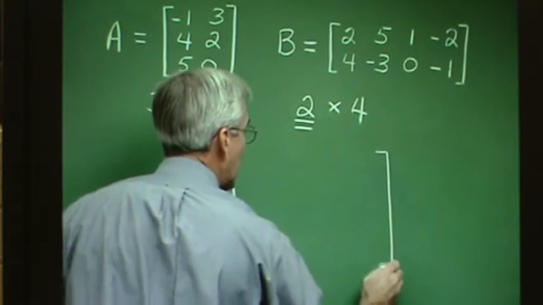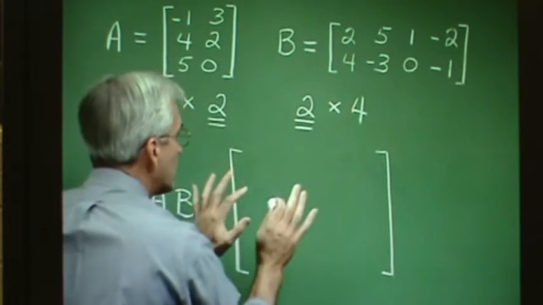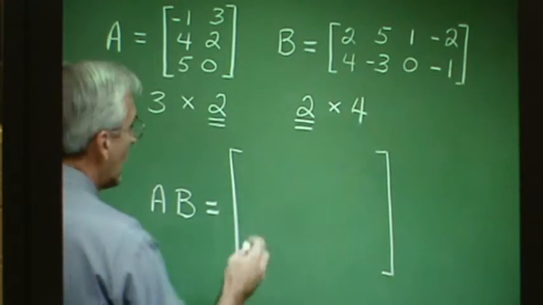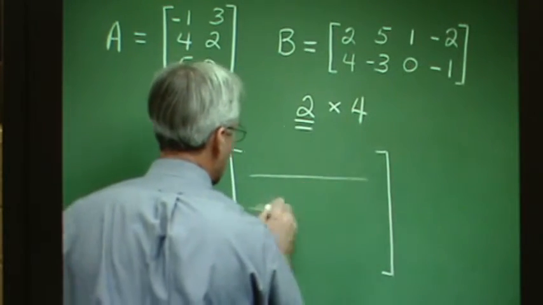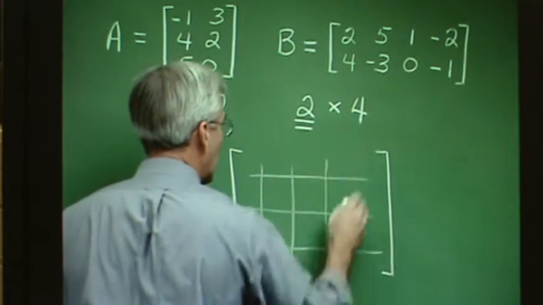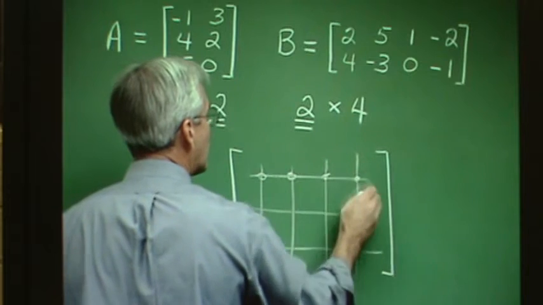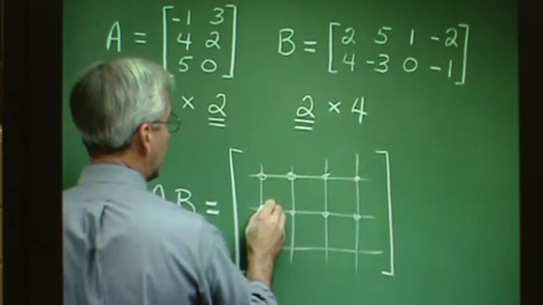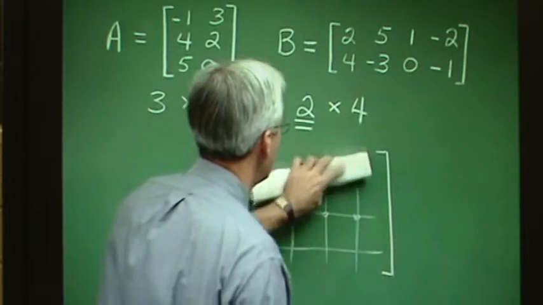Now, there are a number of ways of illustrating that and calling attention to the various entries here. One way would be, I suppose, to do this. We have 3 rows, something like this, and then 4 columns: 1, 2, 3, 4. And everywhere where we have an intersection, we have an entry of some kind that we would have to put in here. Well, that gets a little convoluted, so let me use another designation here.